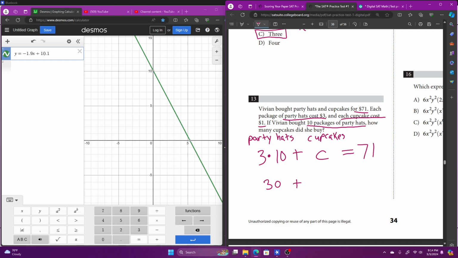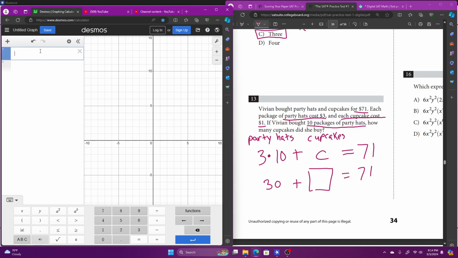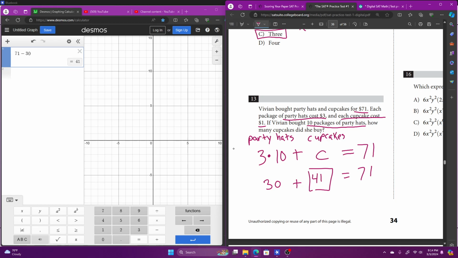So 30 plus how much equals 71? And it's 41. You can check that by saying 71 minus 30 is 41. Cupcakes, final answer. That's what you would type in.